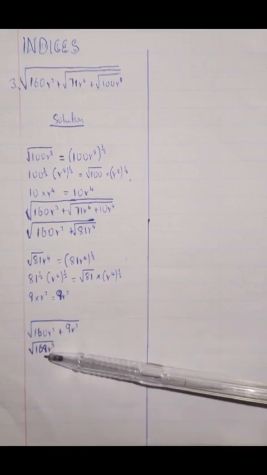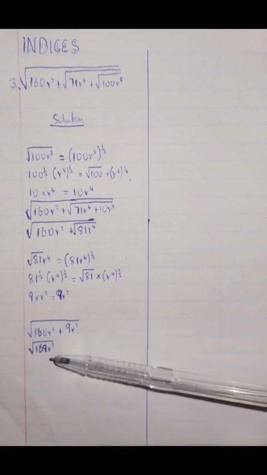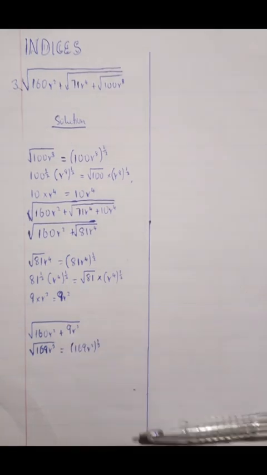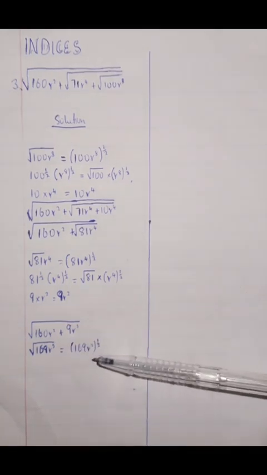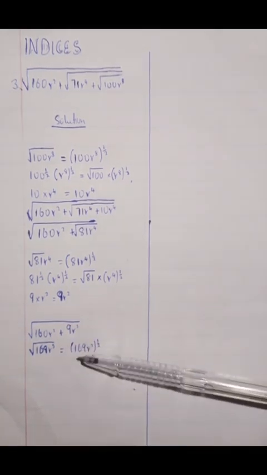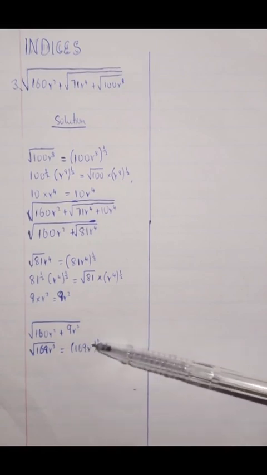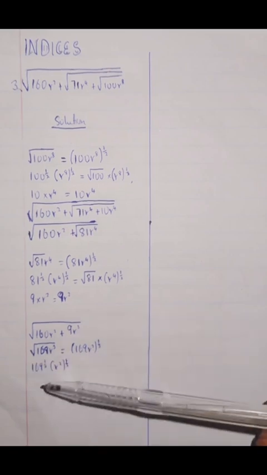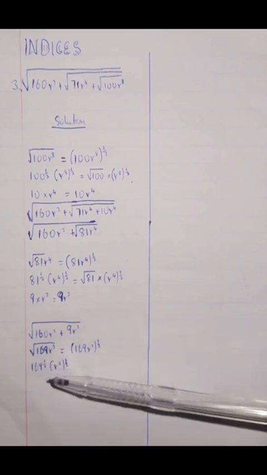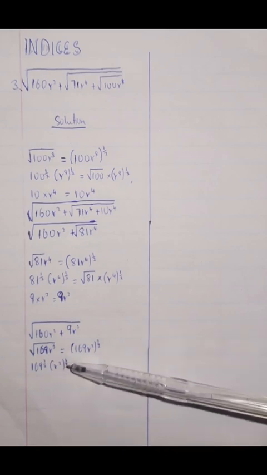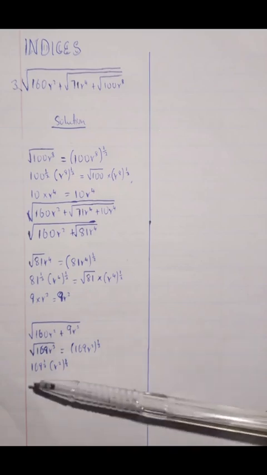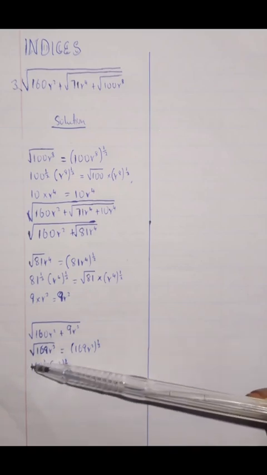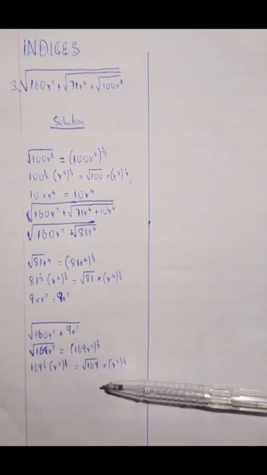And if you recall the law of indices, the power law, we express this individually as power. So we have 169 to the power of 1 over 2 times r squared to the power of 1 over 2, and we bring this back as square roots: the square root of 169 times r squared to the power of 1 over 2.